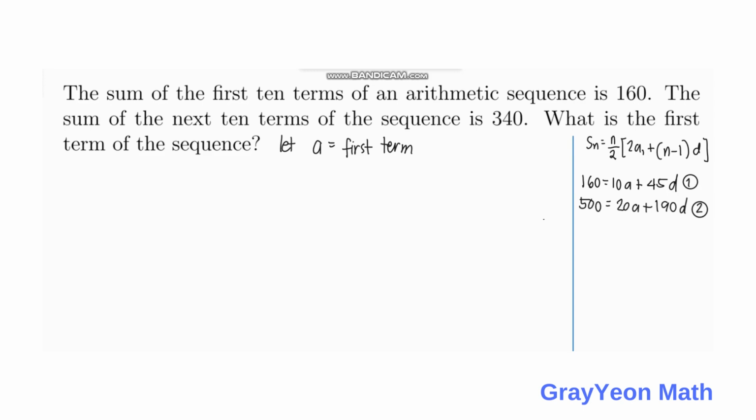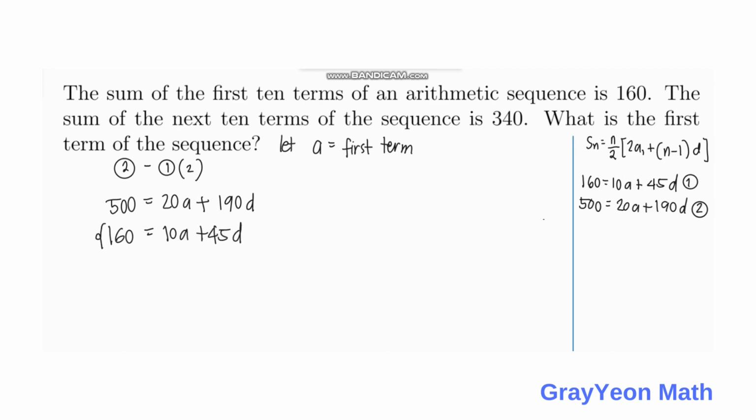Next, we need to multiply the first equation by 2 and subtract it from equation 2. Equation 2 is 500 = 20a + 190d, and the first equation is 160 = 10a + 45d.